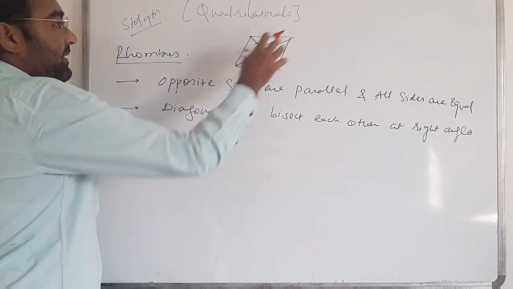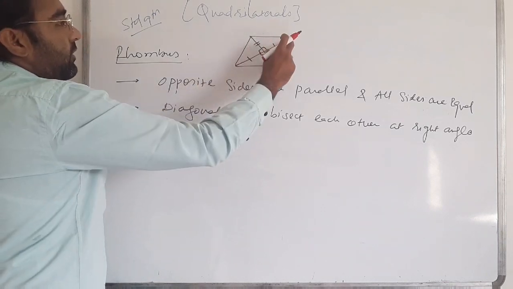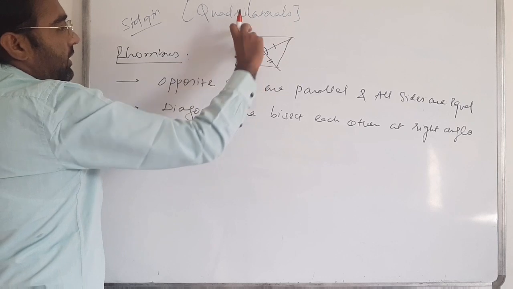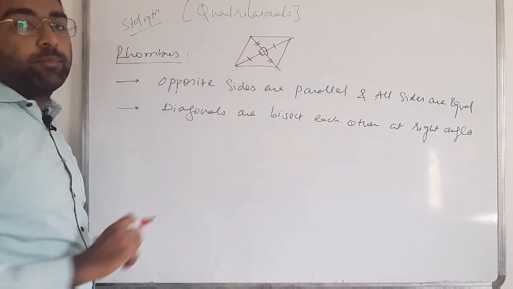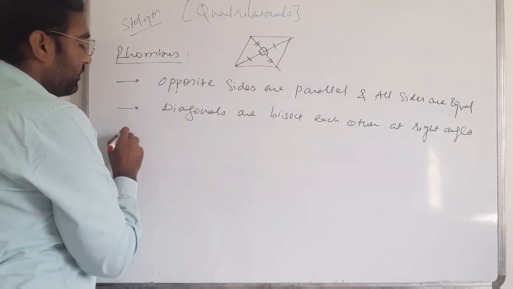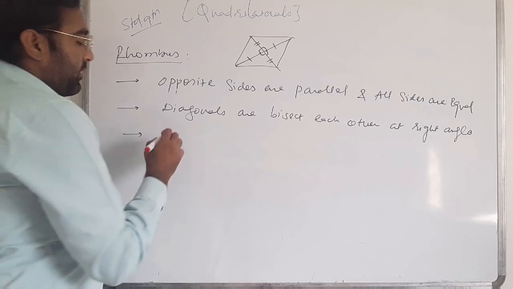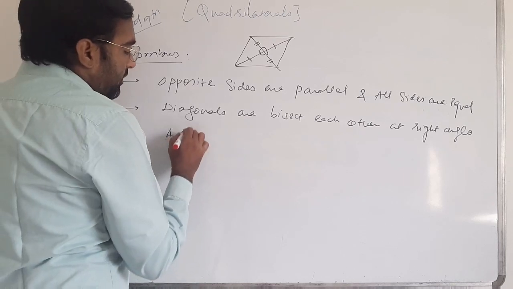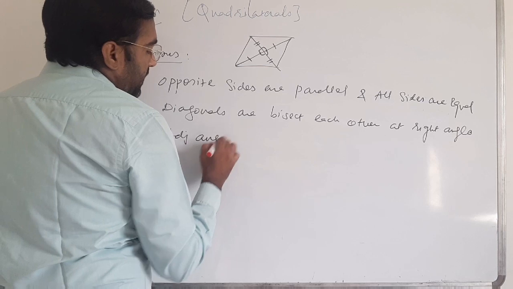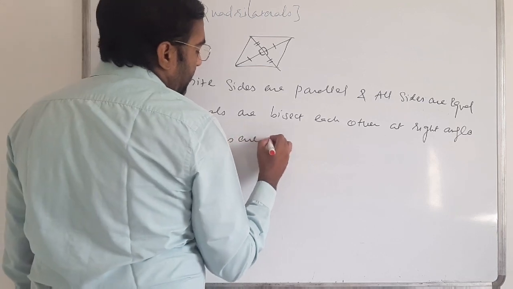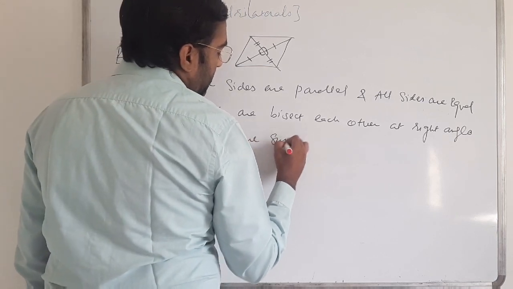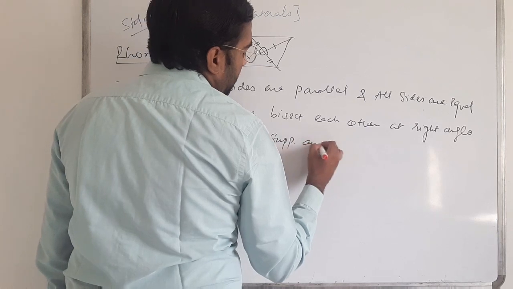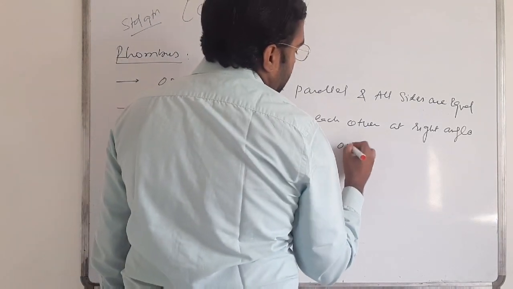Bisect means dividing into two equal halves. This part is equal to this part and this part is equal to this part. Clear that? Similarly, adjacent angles are supplementary and opposite angles are equal.